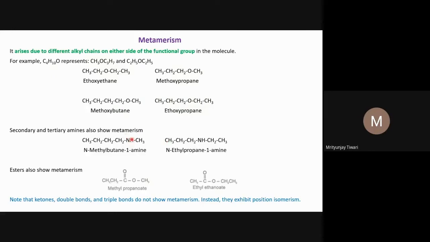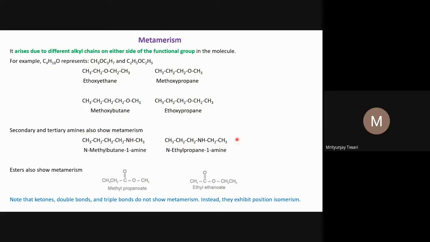You see this example: this NH is attached to one methyl group on one side and an alkyl chain with four carbon atoms on the other side. In this compound, the NH group is attached to C2H5, an alkyl group with two carbon atoms, and on this side to an alkyl group with three carbon atoms.